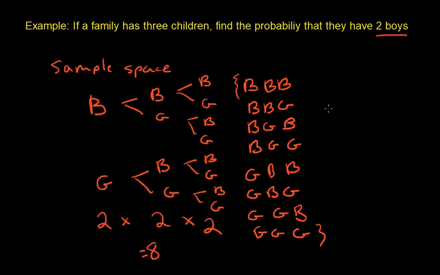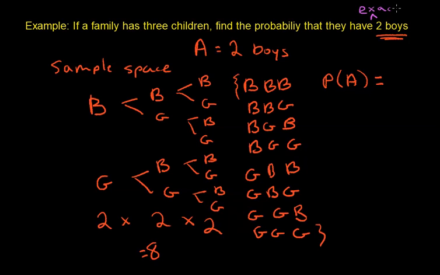All right, so I'm trying to calculate now the probability of having 2 boys. So I'm going to define the event A as having 2 boys. Okay, so I'm trying to calculate the probability of the event A. Well, how many times in the sample space do you see 2 boys? So I'm going to say having exactly 2 boys, so not 3 boys, okay?